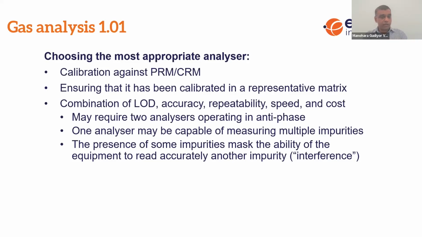In many cases, you may need two analyzers in tandem. One analyzer capable of measuring many impurities may be the ideal situation, but in reality, we may have to consider different analyzers. And the presence of some impurities can mask the measurement of other impurities, which is interference. These are all the things we need to consider in order to have an accurate measurement of CO2.